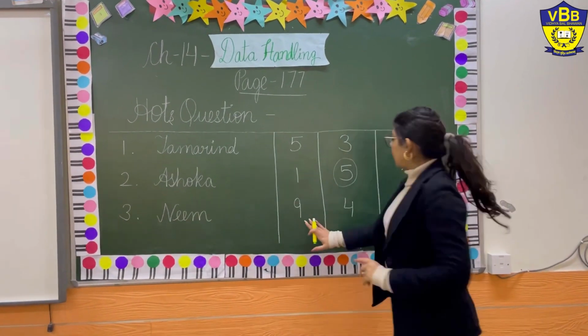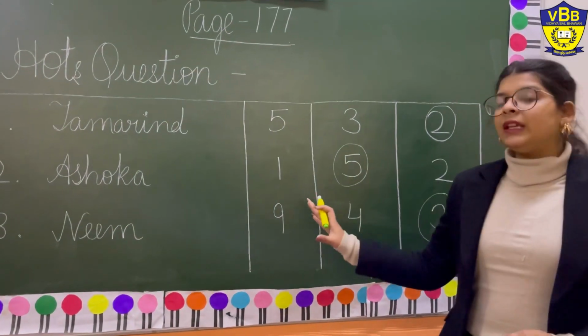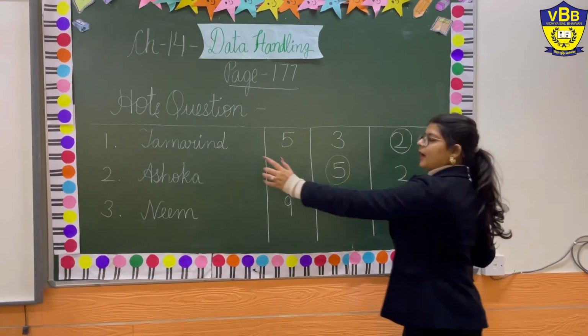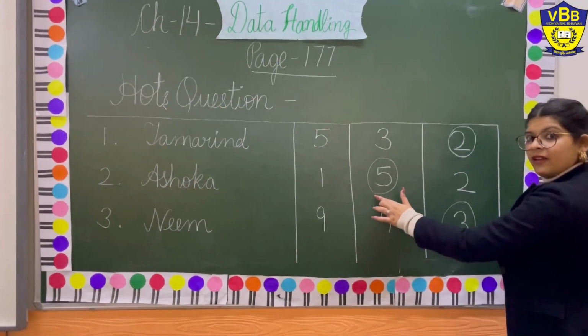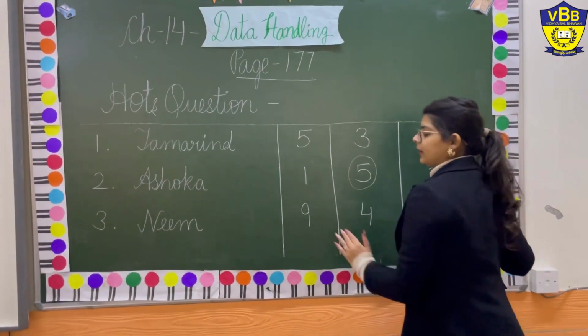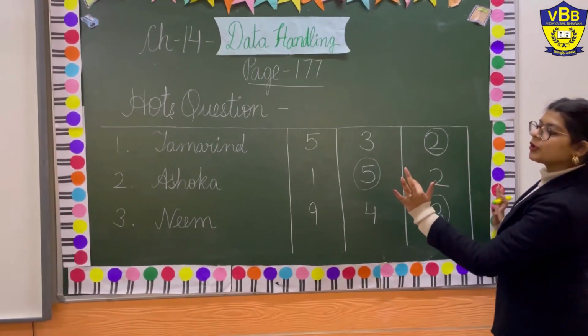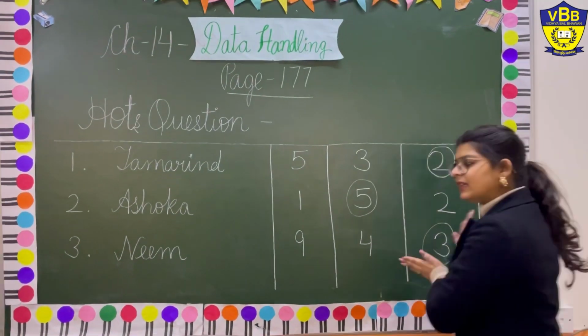So there are 3 neem trees in the park. That means the least are termite, 2, the most are Ashoka, 5, and in between termite and Ashoka there are 3 neem trees.